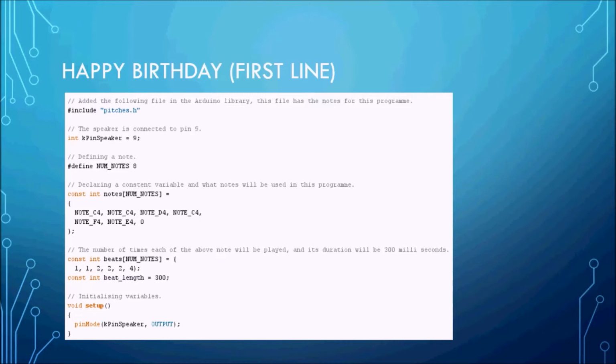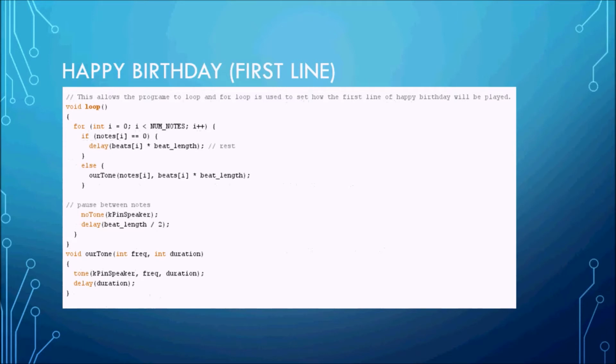So note C4 will be played once, note C4 will be played once again, and note D4 will be played twice, and so on. And the delay time for these notes will be 300 milliseconds. In the loop function, I have written a for loop to show how these notes will be played. To see this code working, we will watch a video.